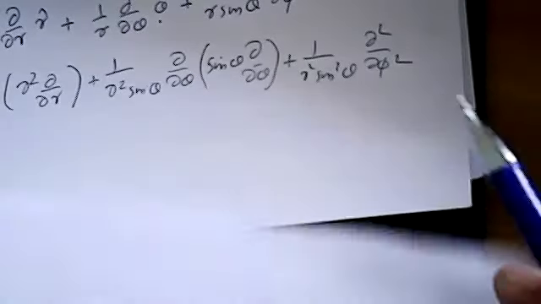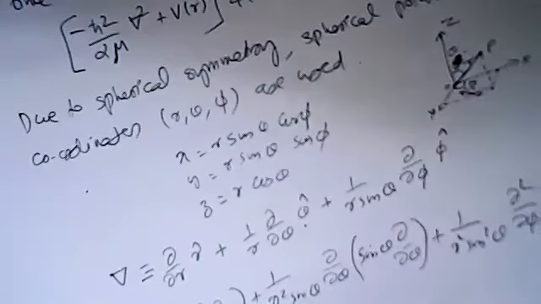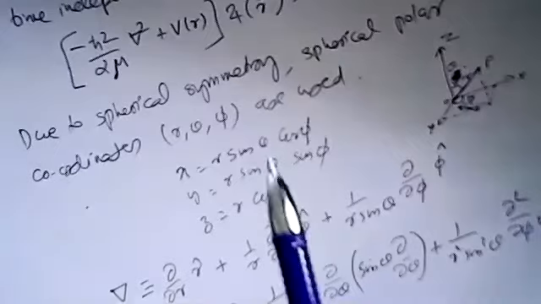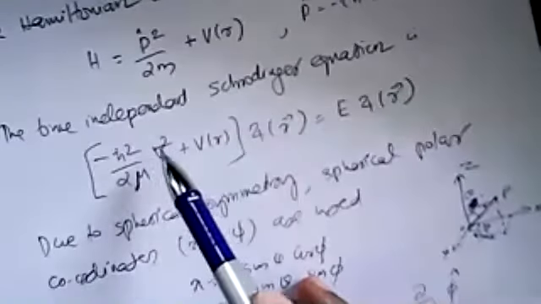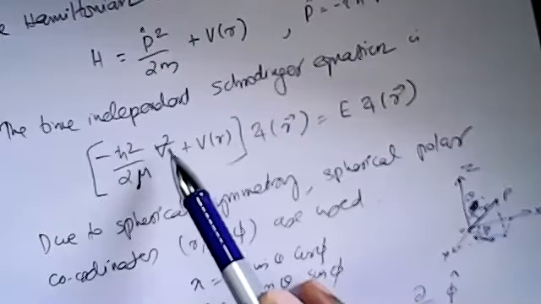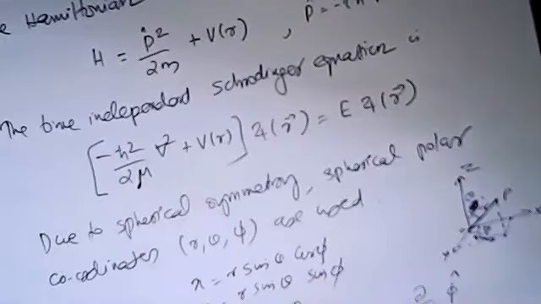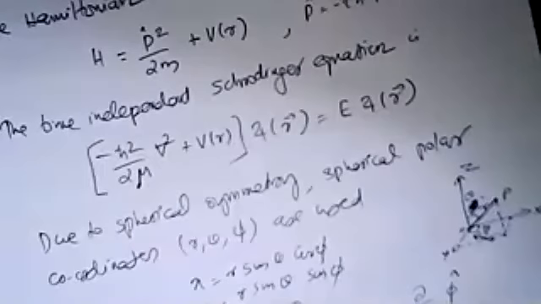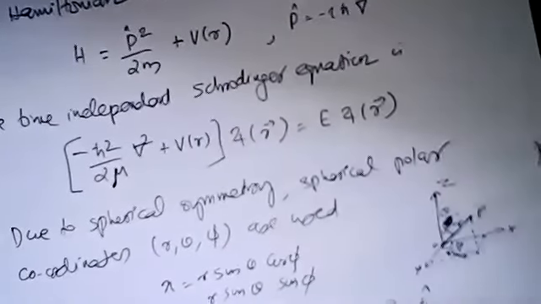I think this Laplacian operator in spherical polar coordinates is familiar to you, because in the Schrodinger equation we have del square, so for this del square we have to substitute this, because we are going to use spherical polar coordinates due to the spherical symmetry.